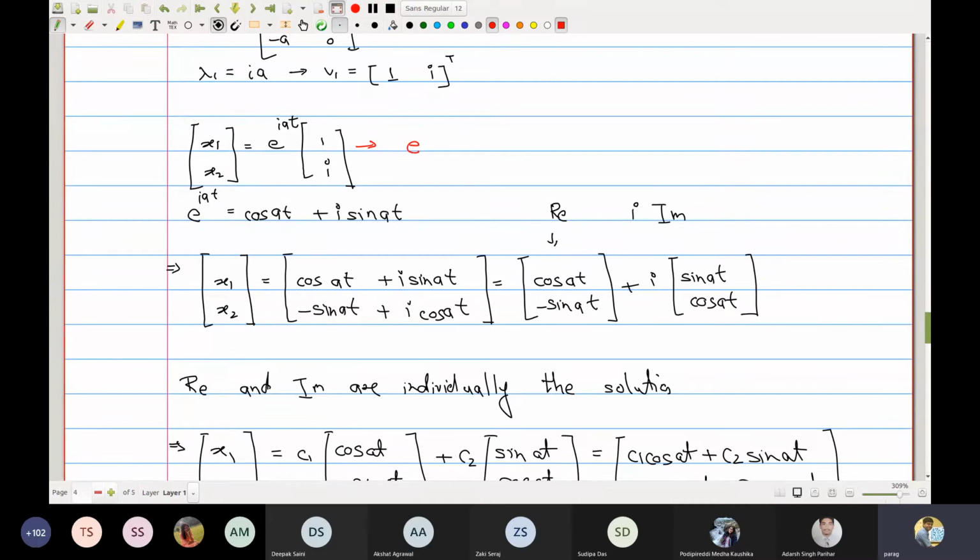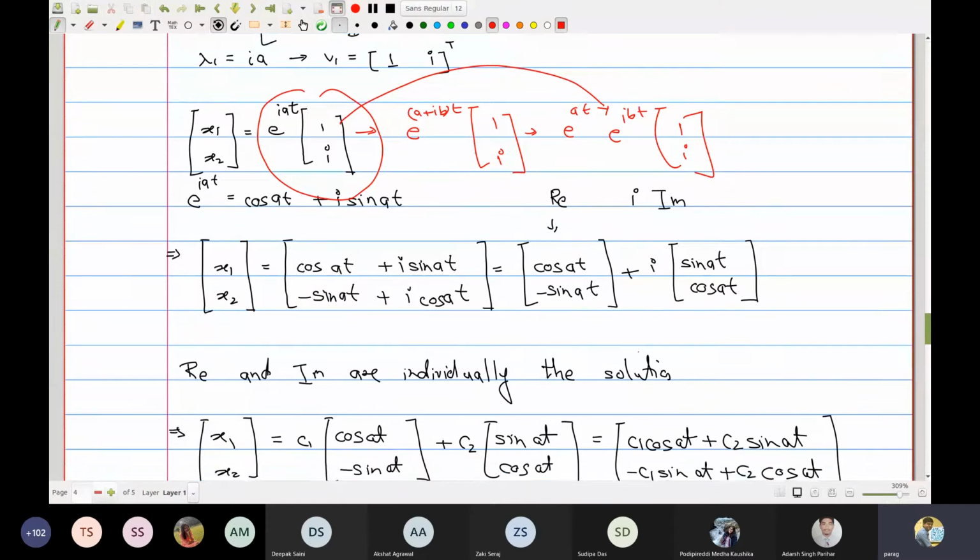This will become e to the power (A plus iB) times t, times 1, i. Which means e to the power At, and then this whole portion will be exactly the same, e to the power iBt, 1, i.